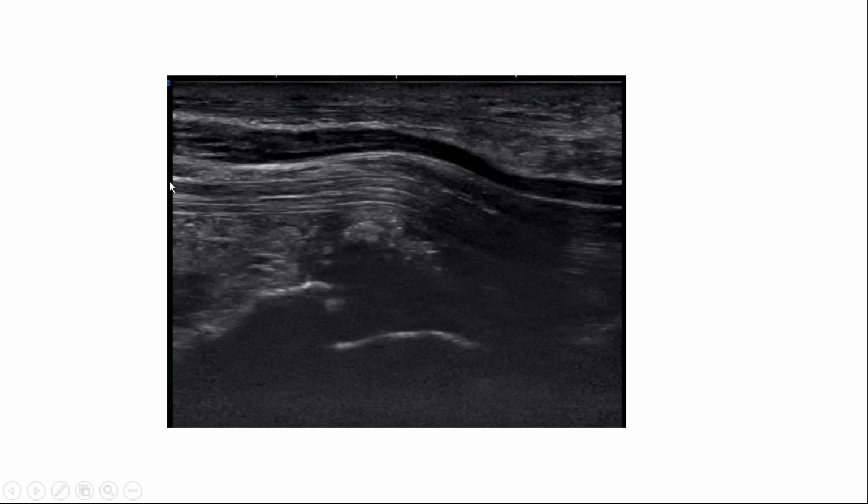The course is more or less parallel, you do see some curving, but this is more dramatic, as if it's bending over a round object. So look at the distal end of the radius, and this area is diffuse.